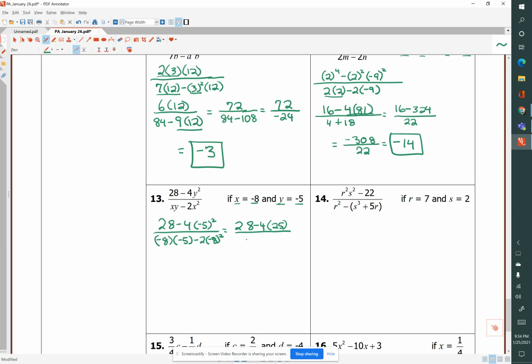And in the denominator, -8 times -5 is positive 40, minus, now we have an exponent here, we'll do that next, minus 2 times -8 times -8, which is positive 64.